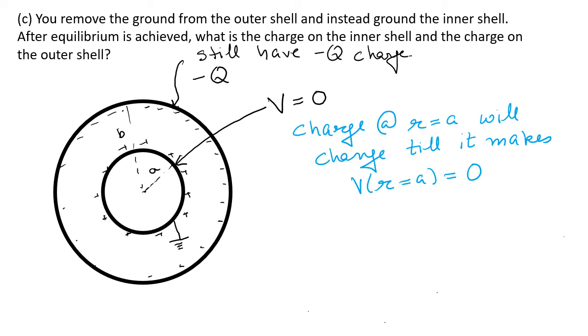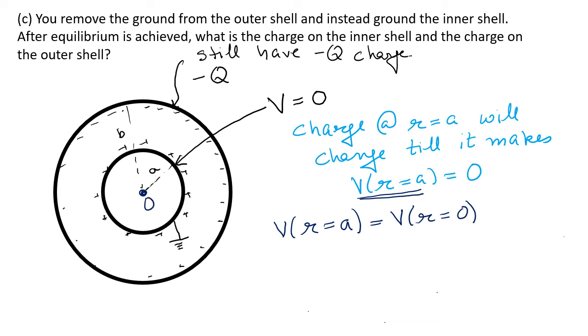How can we calculate? Now basically what we have to do is calculate the potential at R is equal to A. Since charges are distributed on spherical surfaces, again using what we learned in example 2, we should not really calculate the potential at A, we should calculate the potential at origin right here.